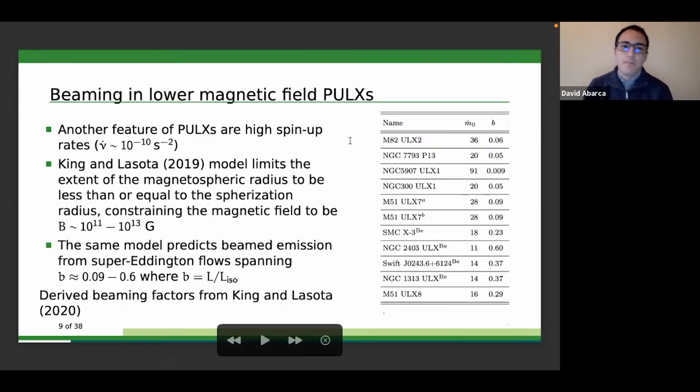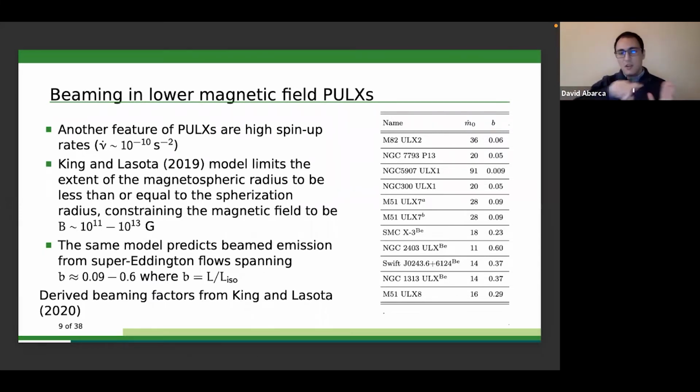Now a couple words about beaming. These pulsating ULXs were observed with rather large spin-up rates, and one way you can get that is if you have the magnetic field and then the accretion disk around it, and the accretion disk exerts a torque on the magnetic field and spins up the star.